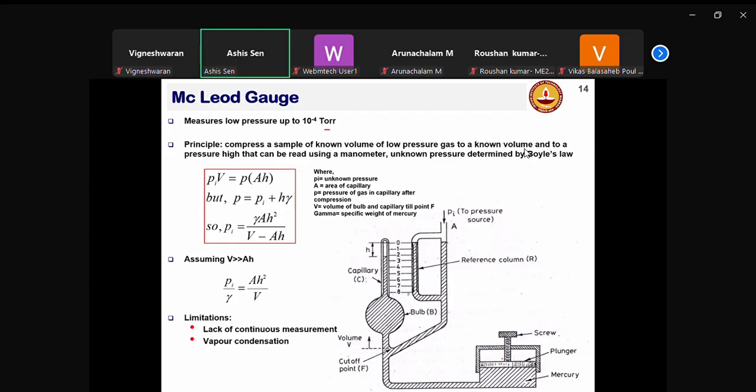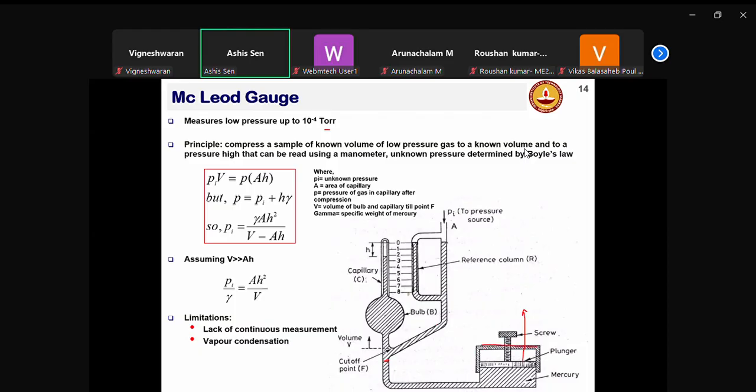Initially, this plunger is moved off until the entire mercury here empties and comes to this level. So here it is occupied by the source fluid, which is at a negative pressure. The mercury, marked by the dashed line, goes down and fills something here.